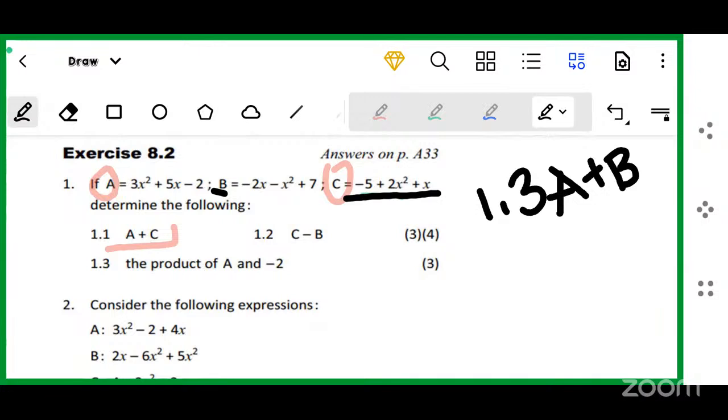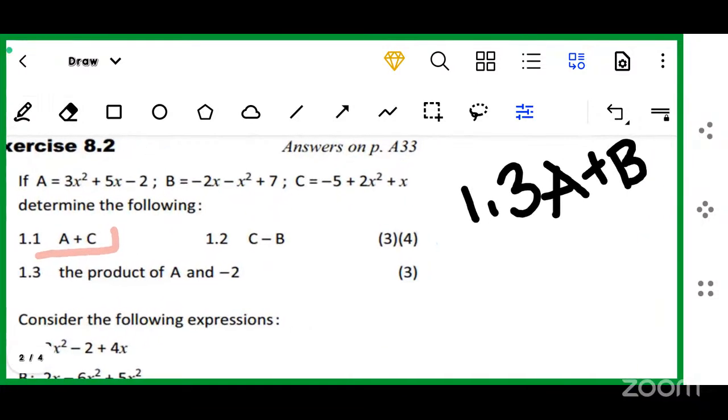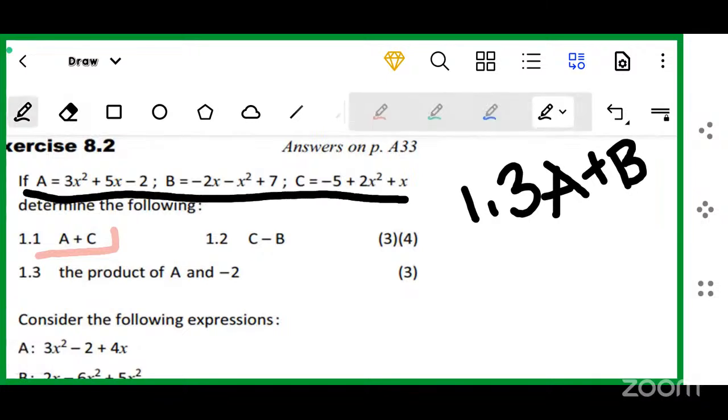So let me just clear this and increase here. You are using this to find the value of A plus B.